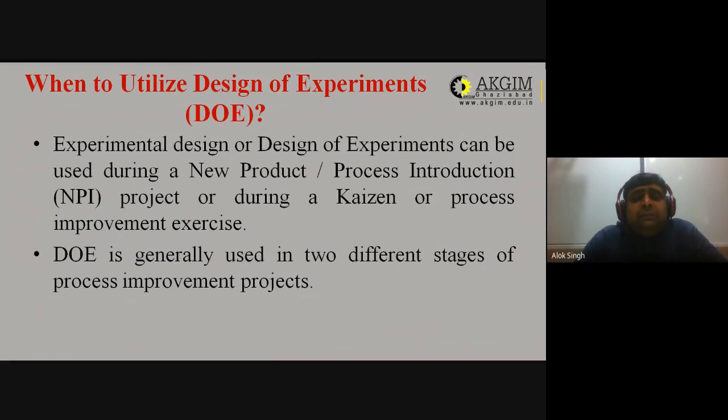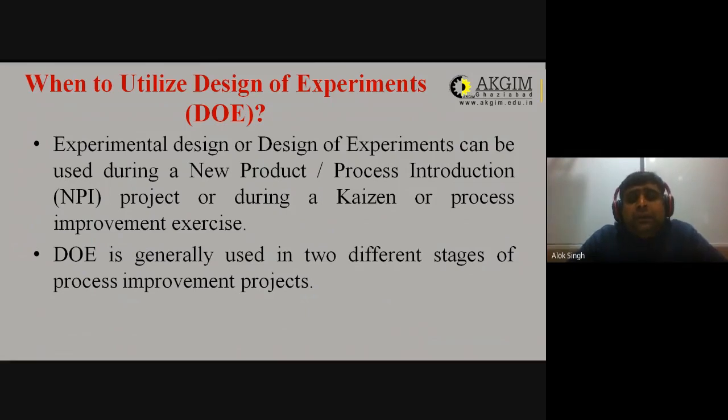So what is kaizen? Continuous improvement or process improvement exercises. So design of experiment means you are continuously working towards improving your processes, improving your product, or offering a new product or a new process. You will deploy this design of experiment.